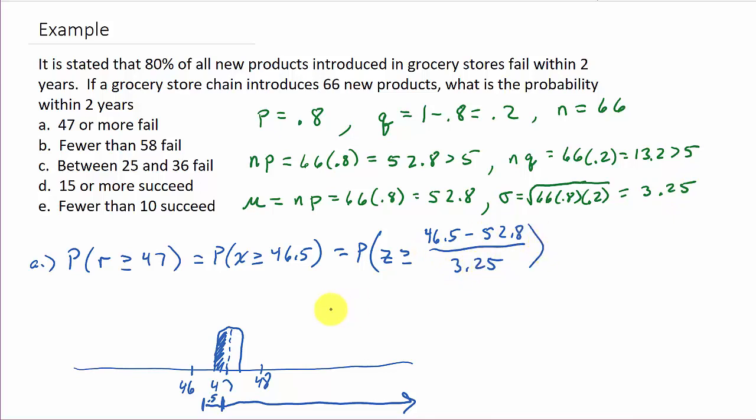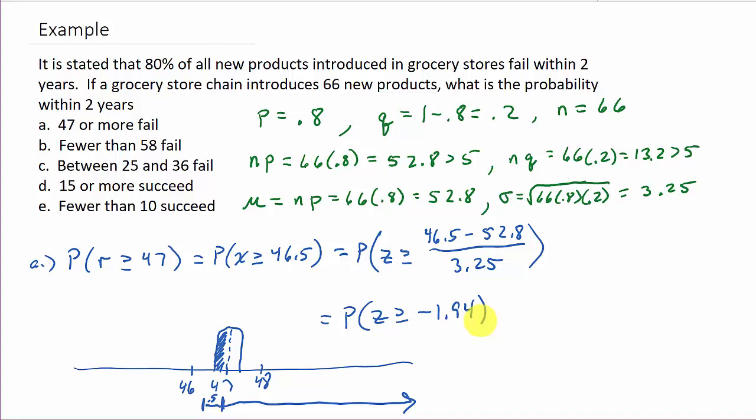So this is going to be the probability that z is greater than or equal to negative 1.94. I'm rounding it to 2 decimal places.